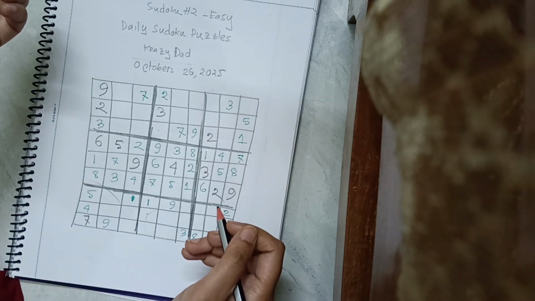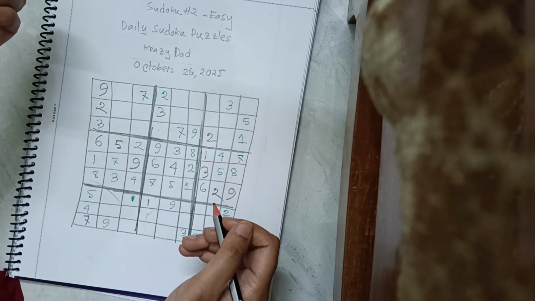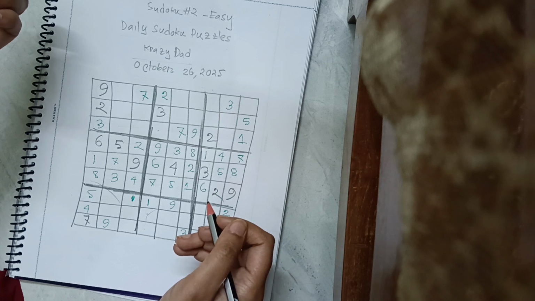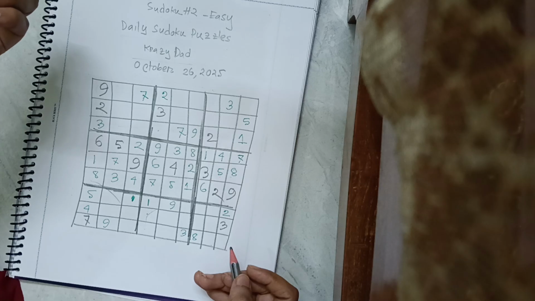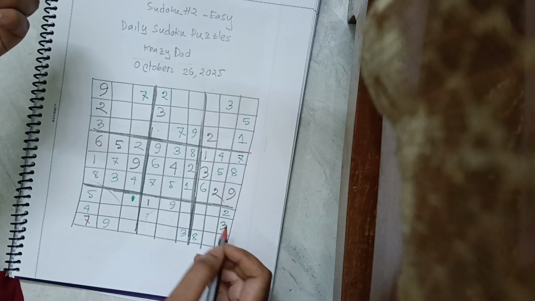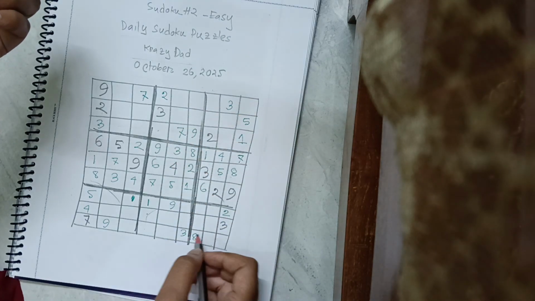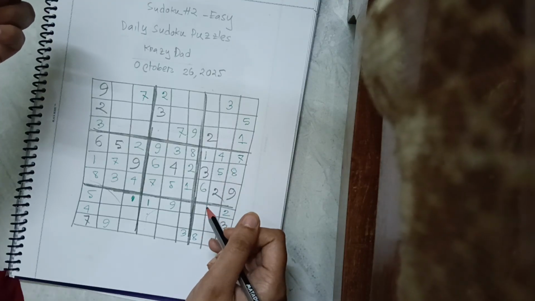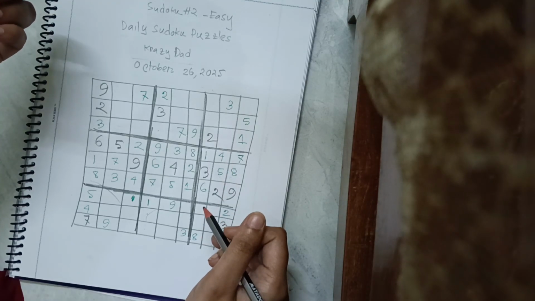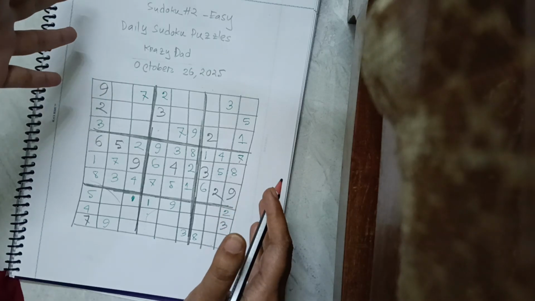Okay, so let's choose this column now. What are the missing numbers? The missing numbers are 4, 5 and 7, 9, right?